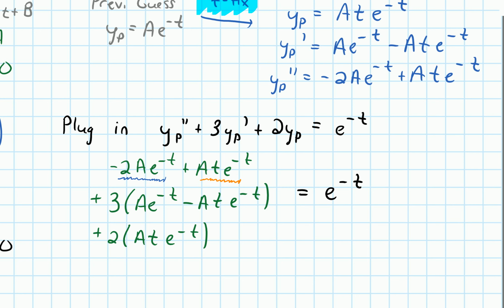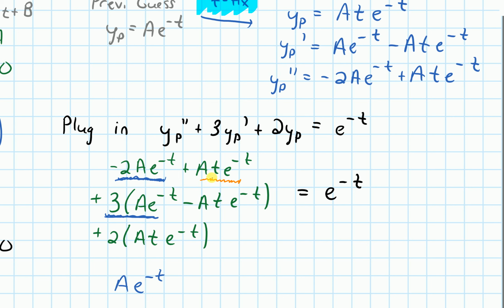If we focus first on the terms that don't have that extra t, let's underline all of those. Here was one. In the next parentheses, we'll get one from multiplying the 3 times this term. In the next parentheses, we don't have that because we have t multiplying e to the negative t. If you combine these 2 terms that I've underlined in blue, we would get 3a e to the negative t minus 2a e to the negative t, and that just becomes a e to the negative t.